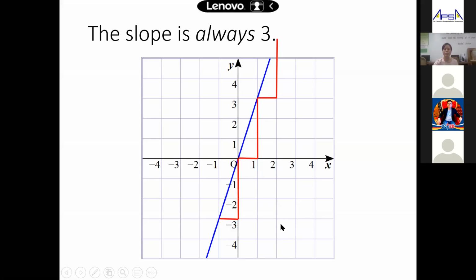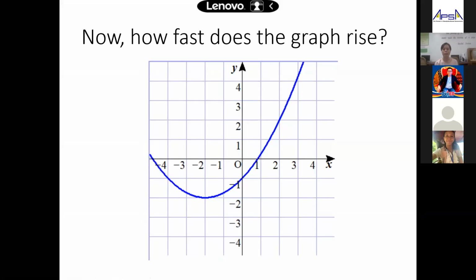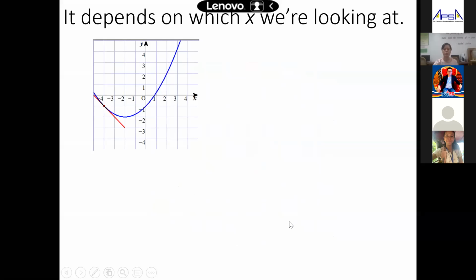But calculus is much more powerful. Okay. If I ask you, how fast does the graph rise? In the first example, the answer was 3. Okay. Ngayon, pagtanungin ko kayo, how fast does the graph rise? Okay. Actually, well, the answer depends on which x we're looking at. So, it could be this. Okay.